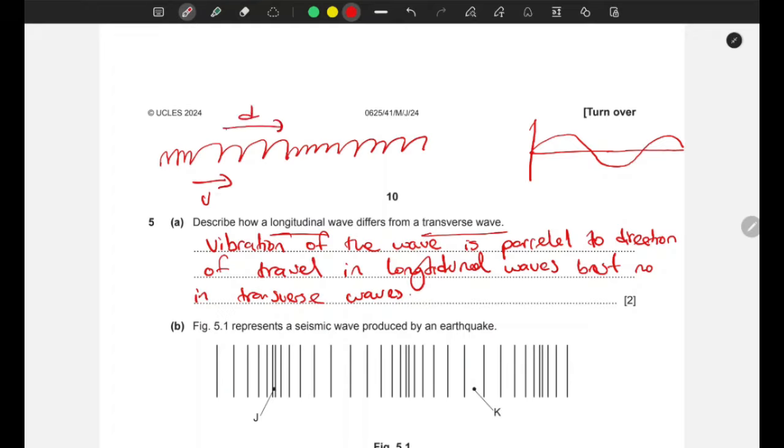They're parallel. But in a transverse wave, the vibration is up and down, so it moves up and down, but the direction of travel is in this direction. So they're perpendicular in a transverse wave, but parallel in longitudinal waves.